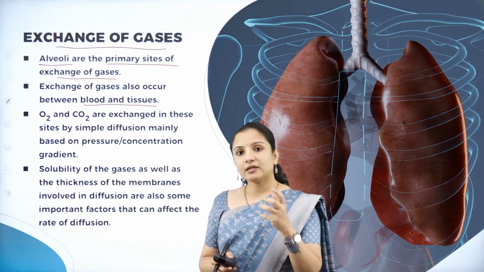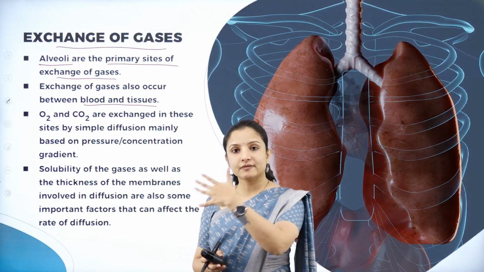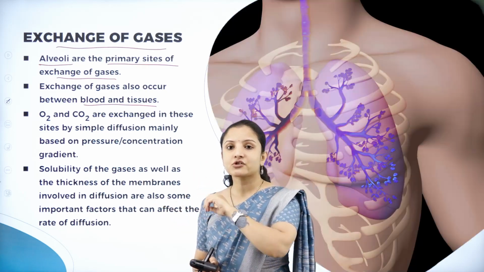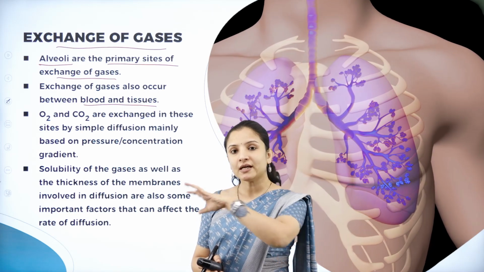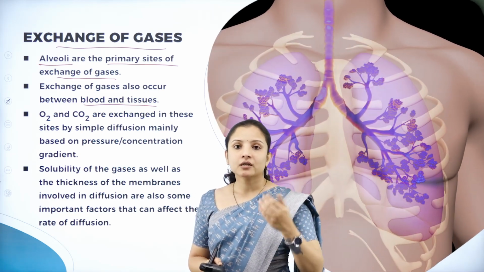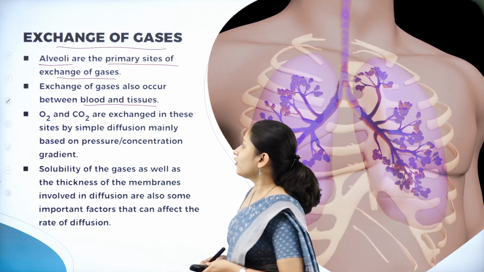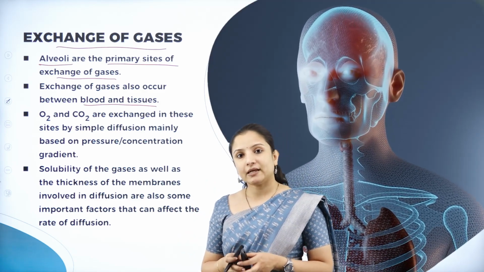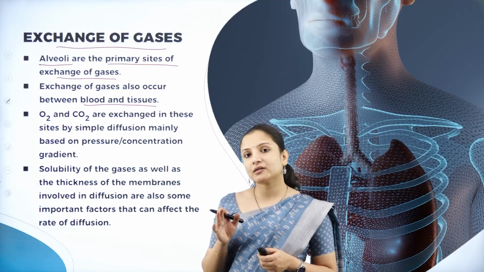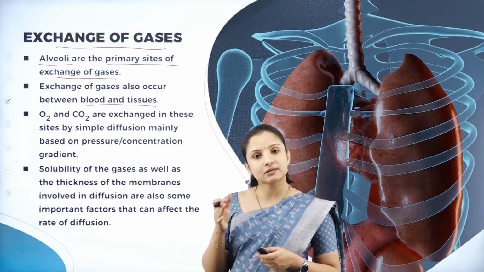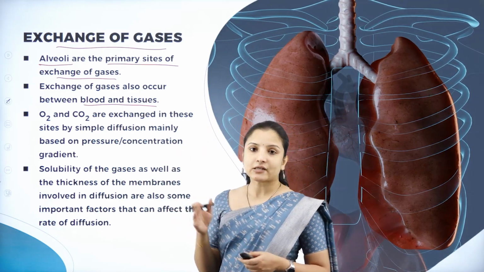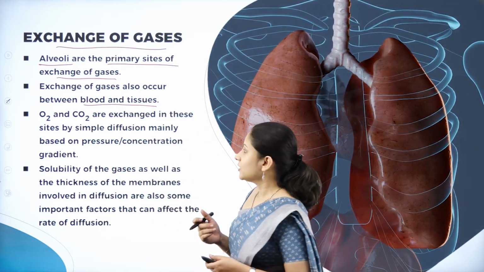The blood will collect the oxygen and deliver it to the tissues, and whatever carbon dioxide is in the tissues will be collected and given back to the alveoli. Therefore, exchange of gases also occurs between the blood and the tissues. The first site where the gases reach is the alveoli, and afterwards the blood and the tissues participate in the exchange of the gases.